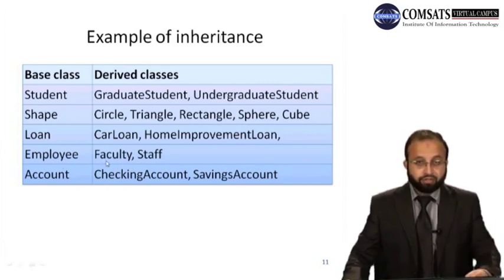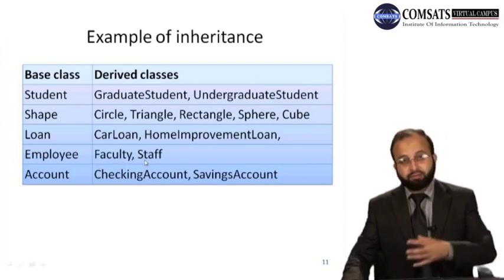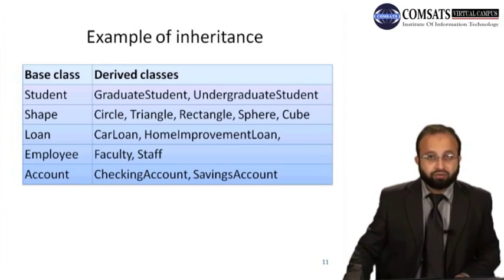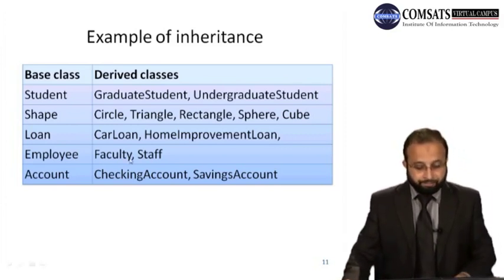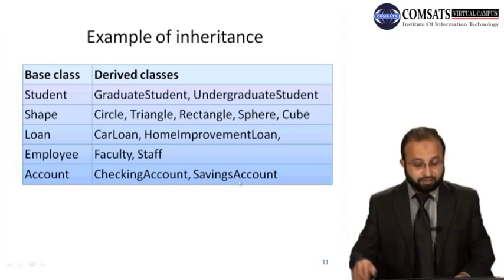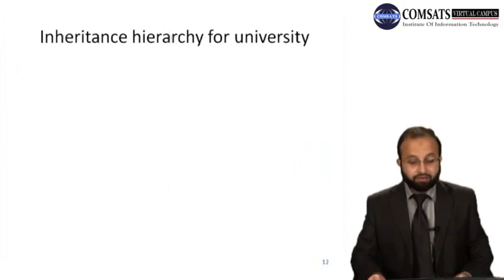So faculty के specialized attributes होंगे कुछ अपने, for example number of publications, जो कि staff के नहीं होंगे basically, ठीक है. Staff के अपने different attributes होंगे, जैसे professional courses, management courses इन्होंने कितने किए हुए हैं, for example, इस तरह के attributes. So similarly for accounts you have a checking account derived class and a saving account class. Inheritance hierarchy for university.